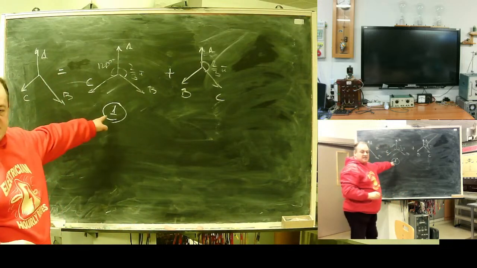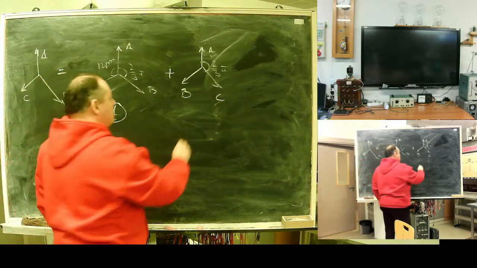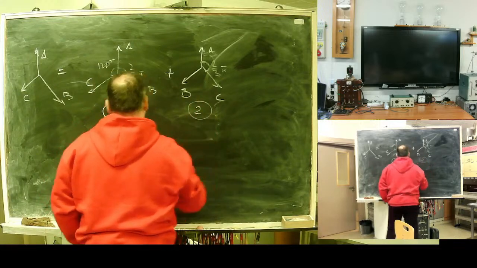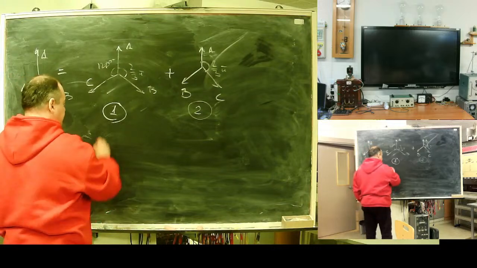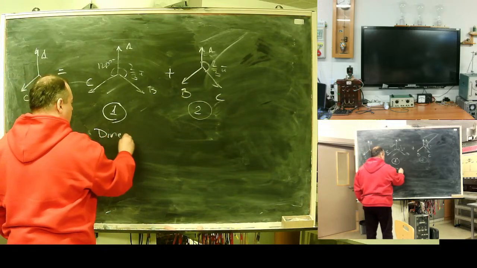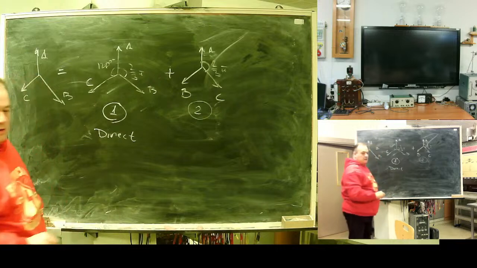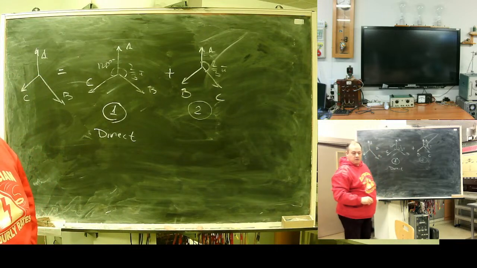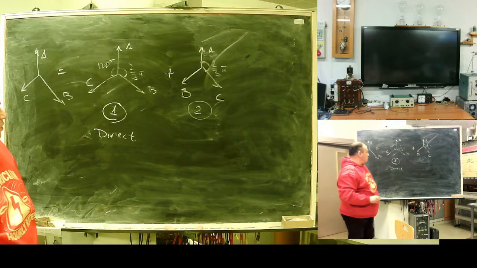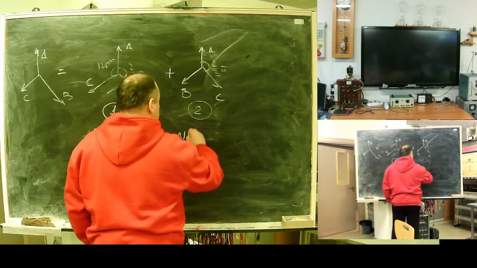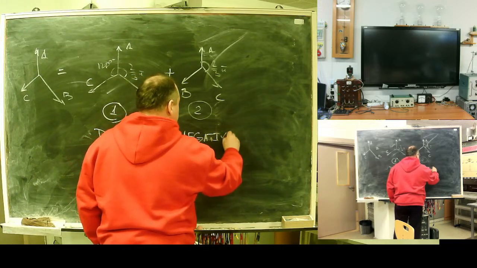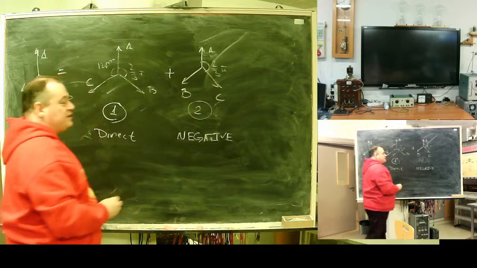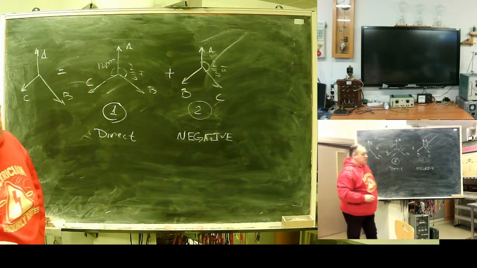This one is direct, second marked with 2 is a negative or opposed sequence. Ideal network with ideal generator and ideal symmetrical load. This one is negative. Generator rotates in opposite direction.